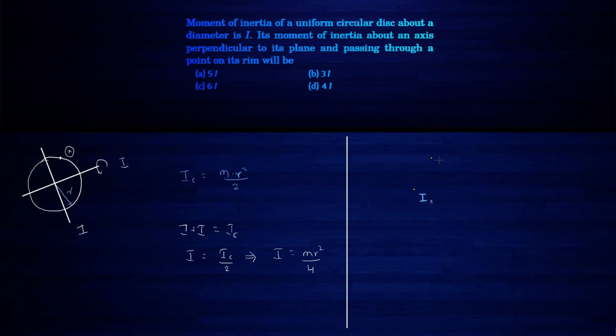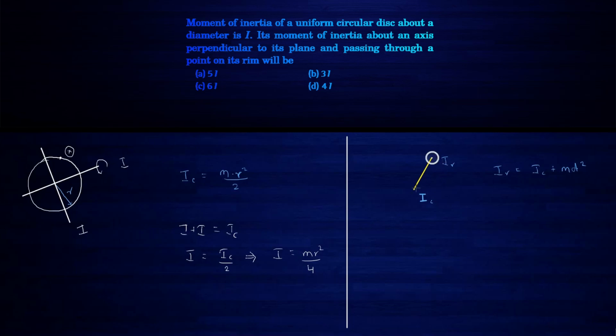Let's call it IR. Then we know that IR equals IC plus M D square, where D is the distance between these two axes.